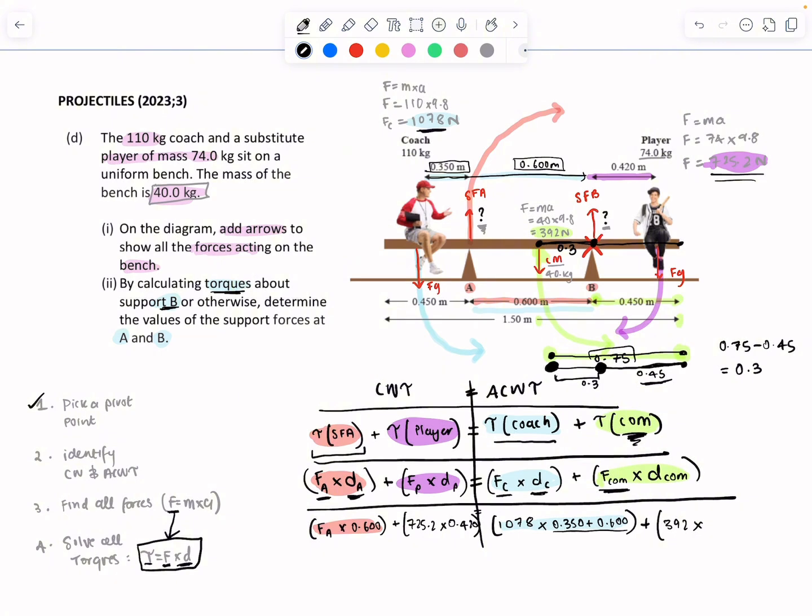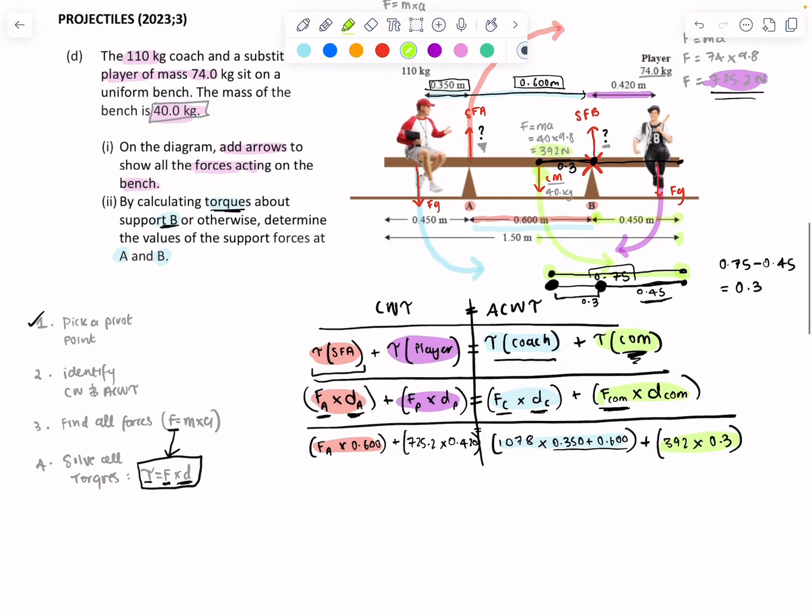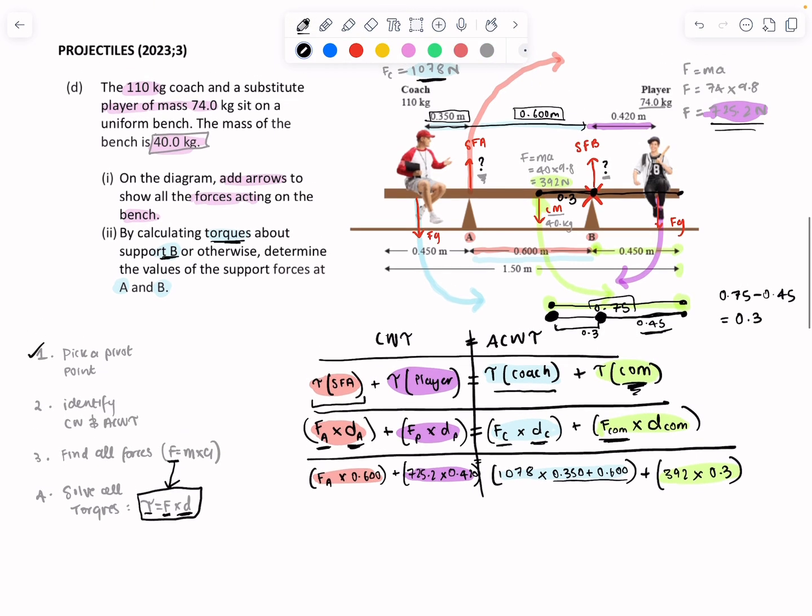So we can plug that into our distance over here, 0.3, and then we've just worked out the center of mass distance from the pivot point B. So far, so good. Now what do we do? Well, let's go back to the initial question and see what we're trying to find out.